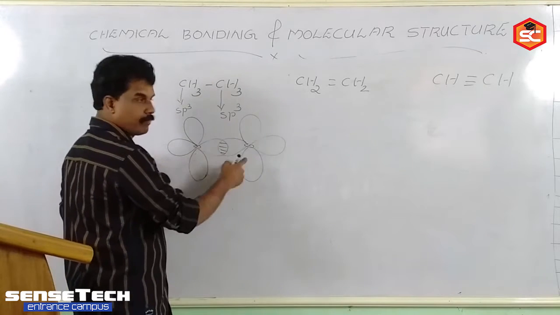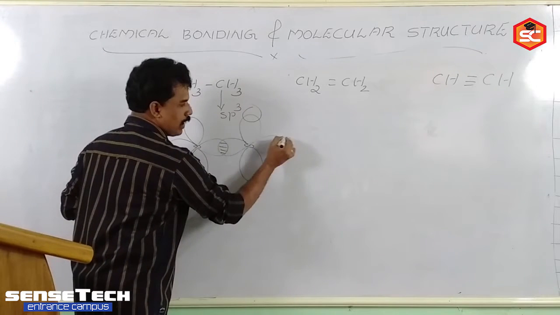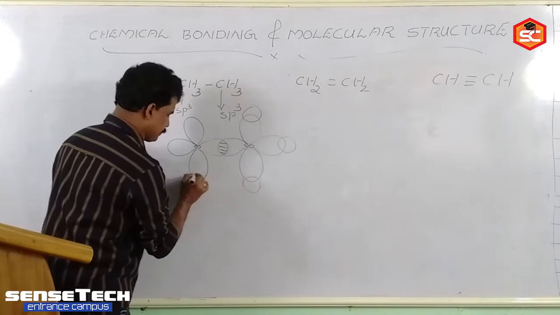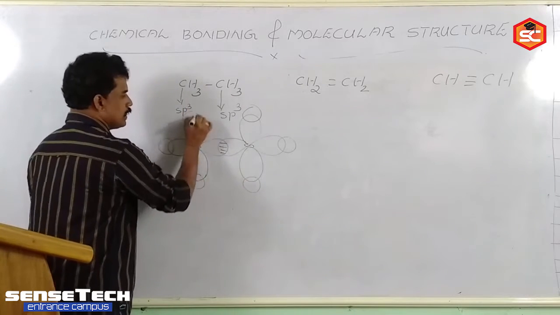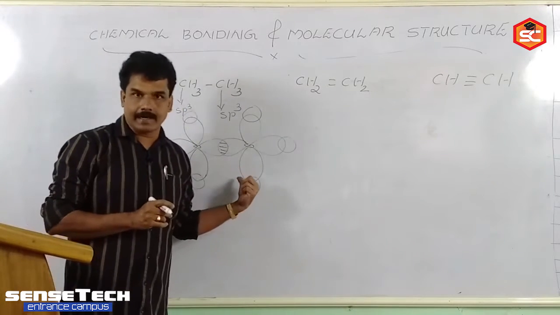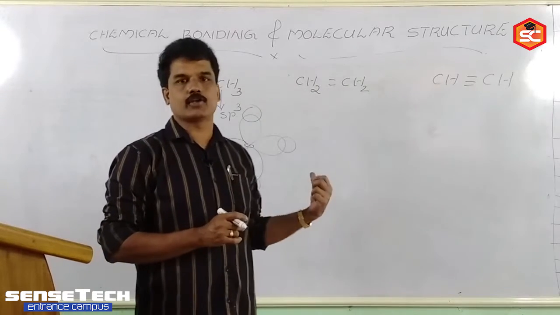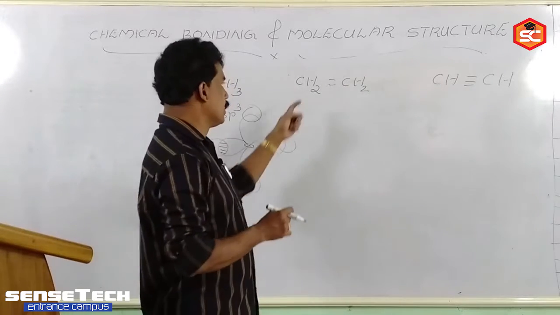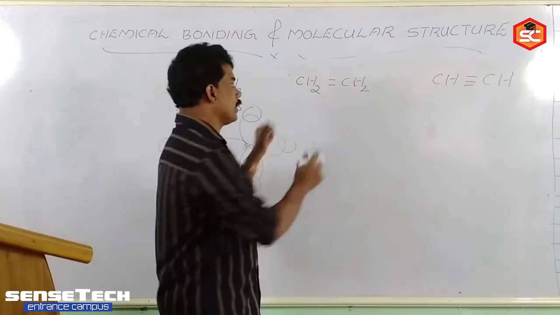This is the carbon-carbon bond, and these 3 will overlap with the hydrogen atoms. So each carbon is sp3 tetrahedral, bond angle 109 degree 28 minutes or 109.5 degree. Then come to ethene, the double bond.